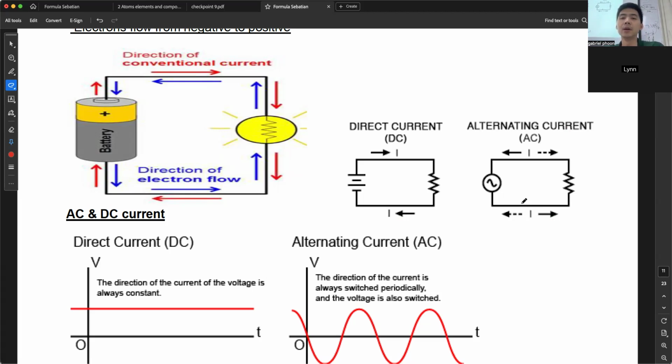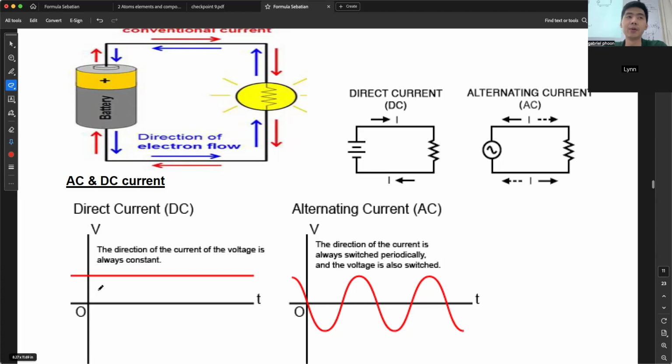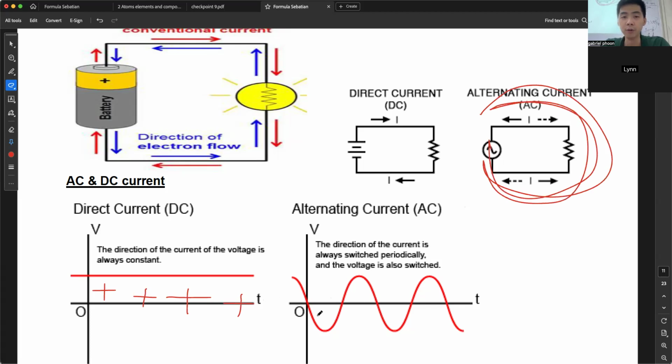But anyways, guys, because DC can only flow in one direction, right? You see direct current will always flow in the positive region. Okay, whereas alternating current, because it flows in alternate cycles, it will flow between negative, positive, negative, positive, and negative, positive region.